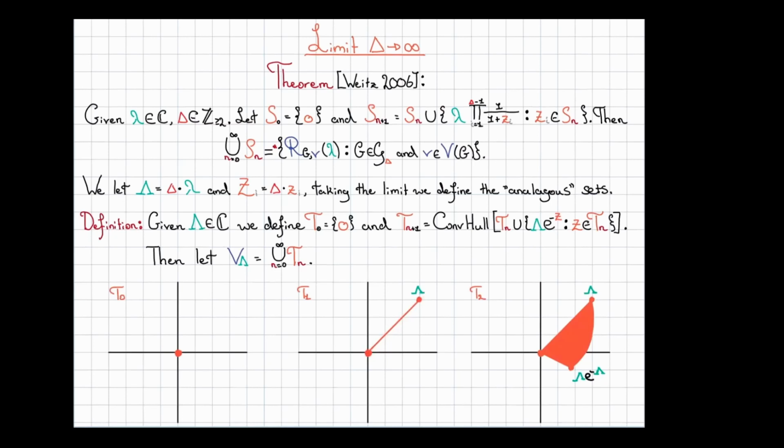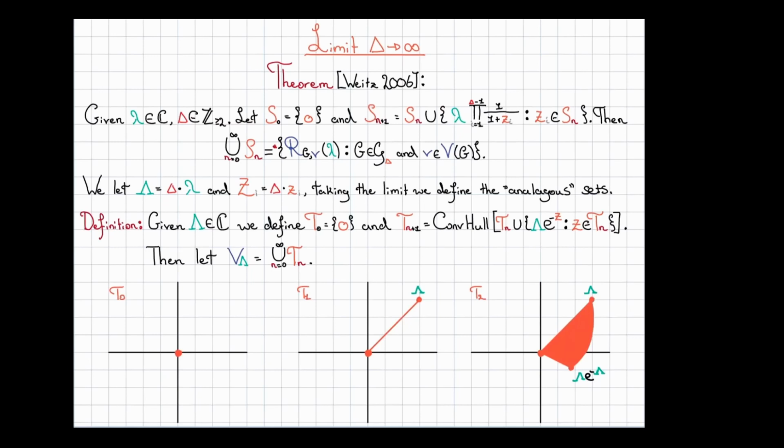So 0 maps to lambda, and then we take the convex hull. And then we again map by lambda times e to the minus z. This whole line gets mapped to this line segment there, and we take the convex hull with that line and everything we had before. So this is quite a fun geometric dynamical system.